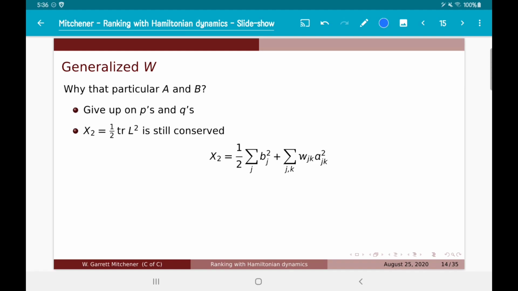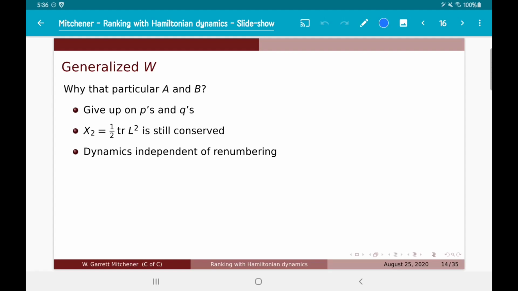They're just the squares of those original eigenvalues. The trace is the sum of eigenvalues, so trace of L squared is the sum of the squares of the eigenvalues of L. So this is something that's conserved under isospectral flow just because it's a function of the eigenvalues of L. So this is looking reasonable.